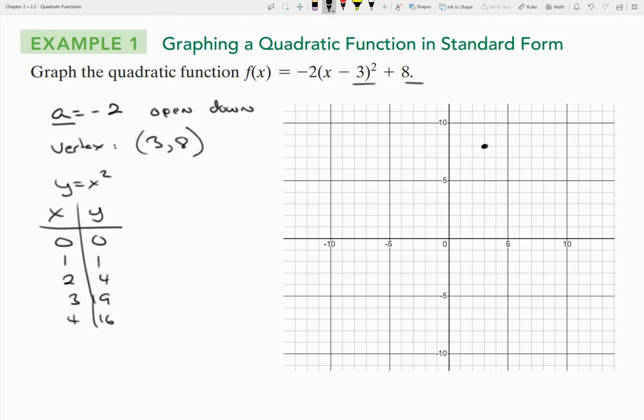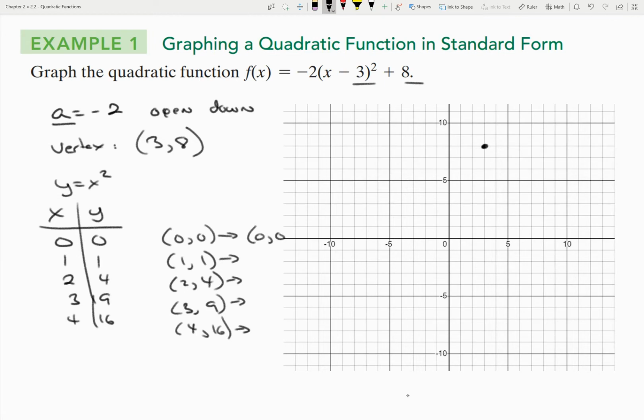Well, this is a vertical stretch. So basically, the outputs of all these points, the y values of all these points, are going to be multiplied by -2. We're still going to start at a vertex here.